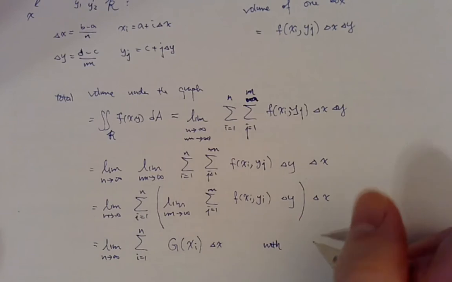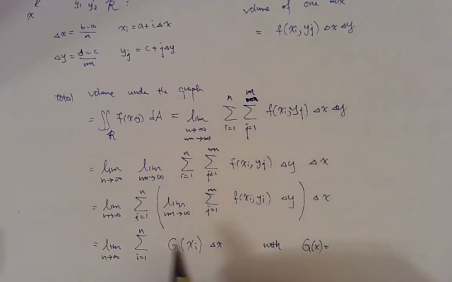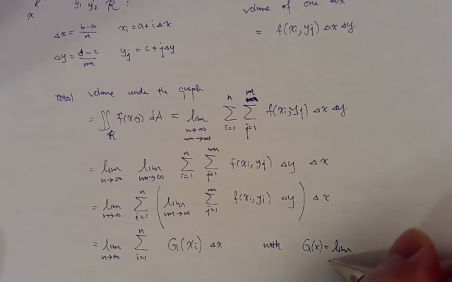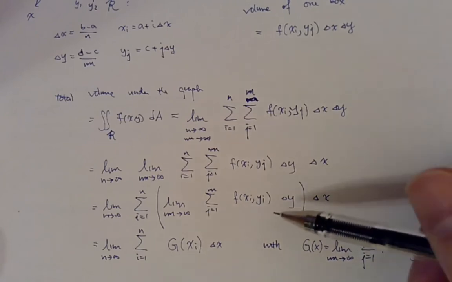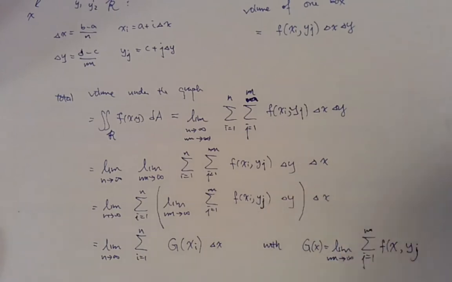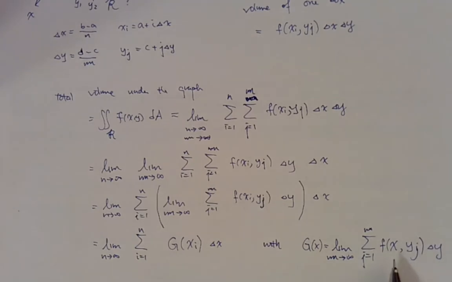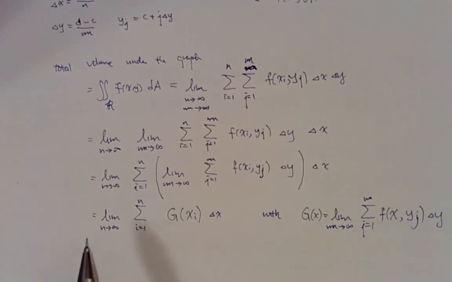Well, g of x equals this whole thing, the limit as m goes to infinity of the sum from j equals 1 to m of f of x, y sub j, oh, I forgot the little tail here for j, delta y. So notice here I have x for g of x, and then we're evaluating that at x sub i to get the x sub i there. And then we can work on this in a moment, but let's finish this part.